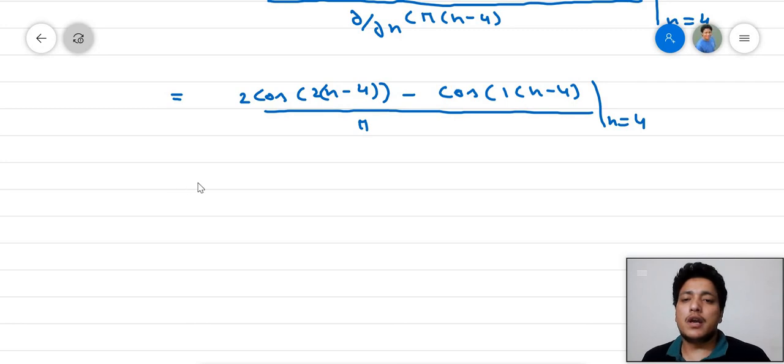Substituting n equals 4 will give 2 minus 1 by pi, equals 1 by pi.